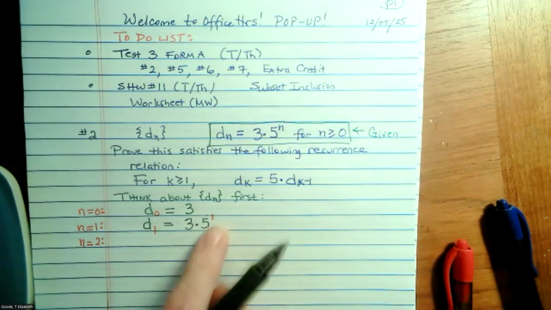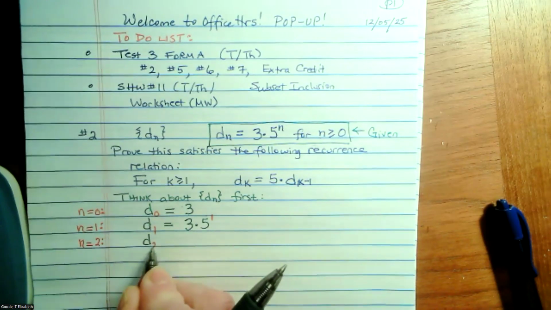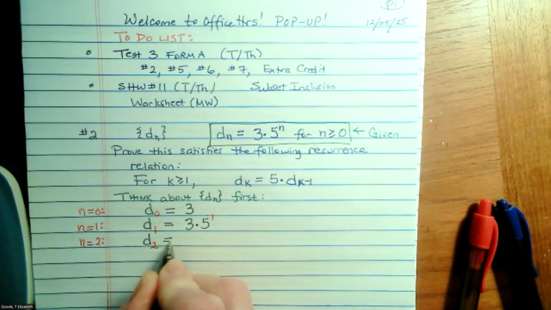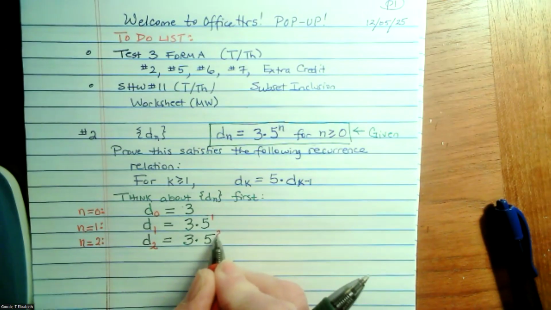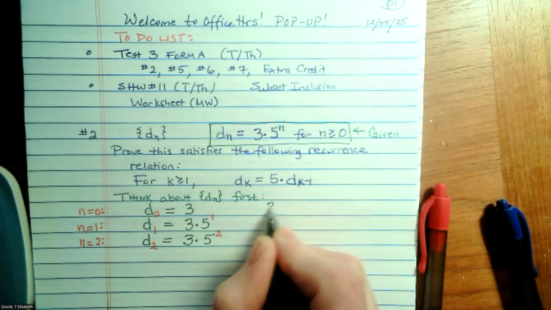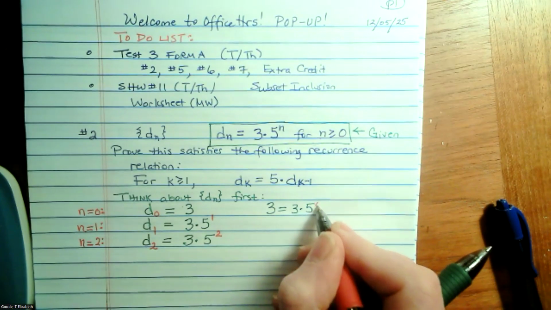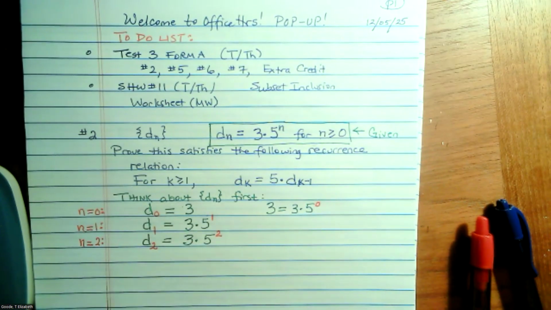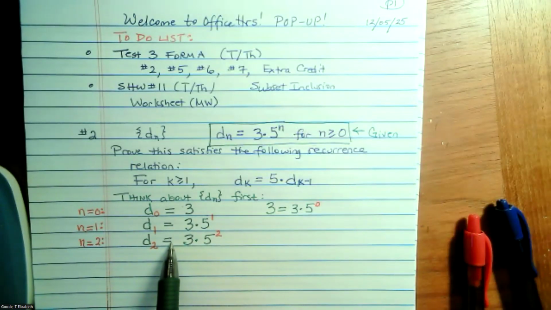But this is in some sense a little more informative because then when we look at d sub 2, it's 3 times 5 squared. And we can start to see a pattern because 3 is actually equal to 3 times 5 to the 0, which you obviously understand because you were able to tell me that the term is just 3. But do you see how we can get from D1 to D2 by multiplying D1 times 5? Yes.